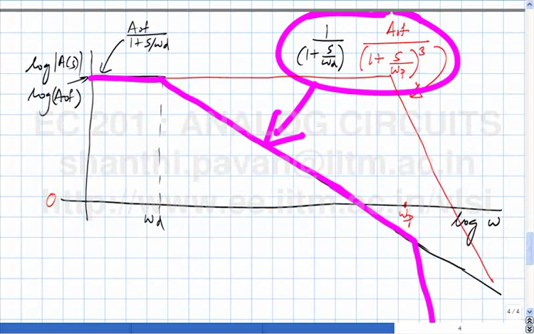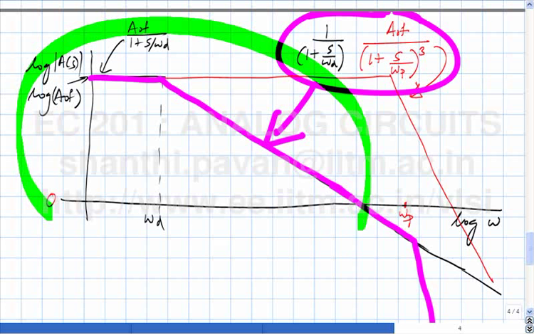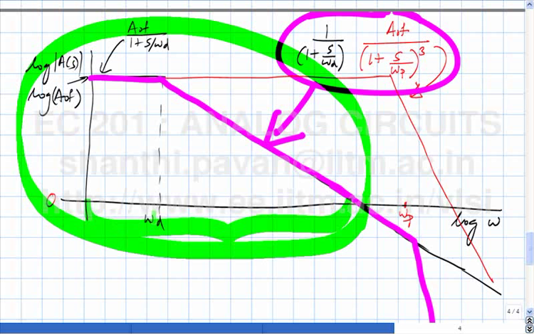So in this region where the gain A of S times F is greater than 1, please note again that this is a log plot. In this frequency range, the value of the gain is greater than 1. So what do we see?